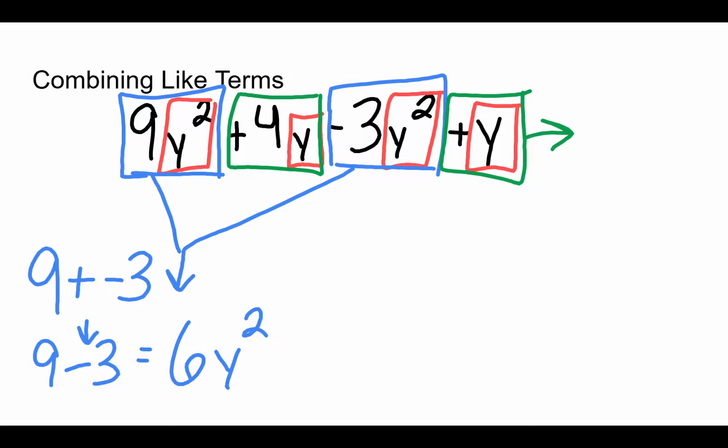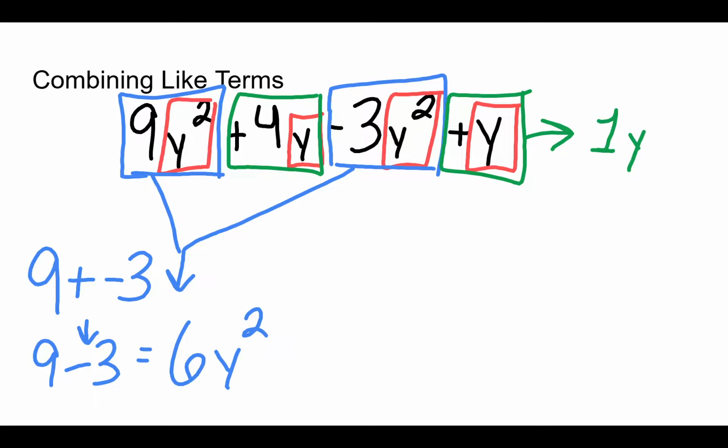How many y's do I have there? I have 1. 1 y. So therefore, the coefficient that goes in front of a variable by itself is 1. If you see a variable and it's by itself, it has an invisible coefficient of 1. Say it with me. If you have a variable by itself, it has an invisible coefficient of 1.